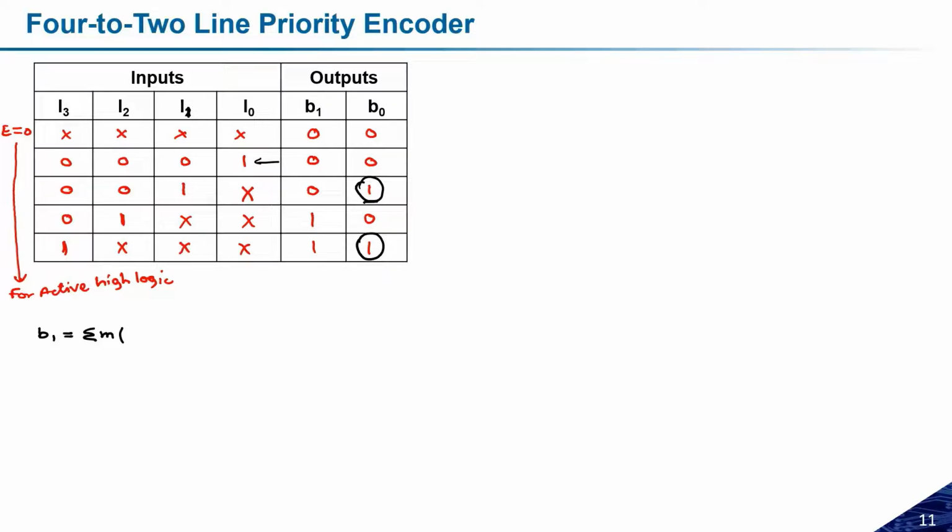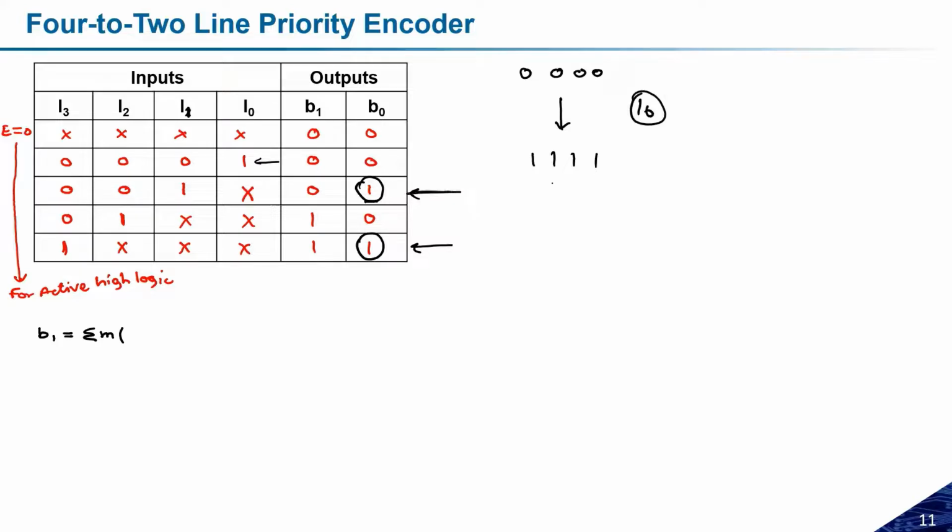If you see here, B0 is high for this case and for this case. The total number of input possibilities is 0, 0, 0, 0 to 1, 1, 1, 1, so 16 combinations.